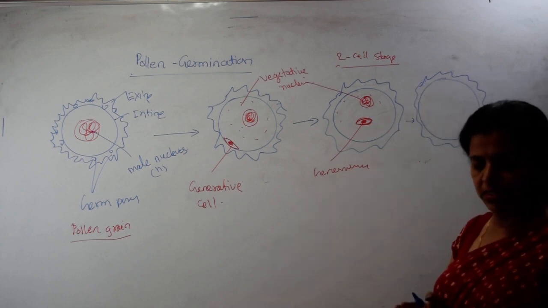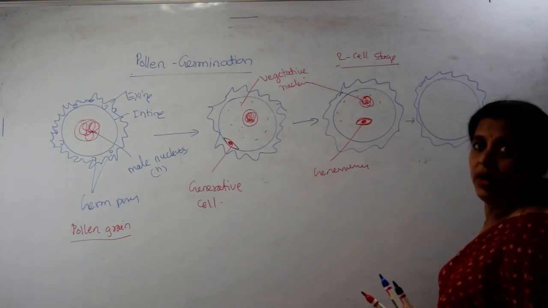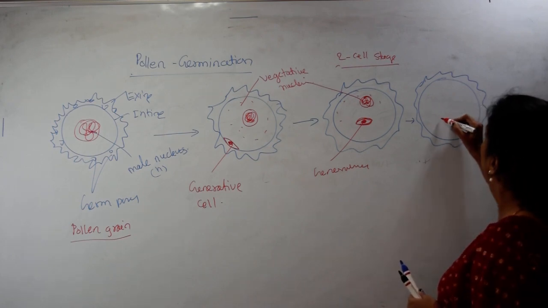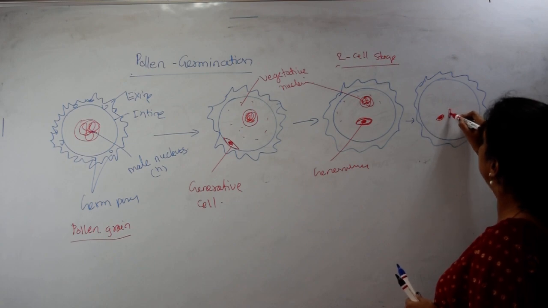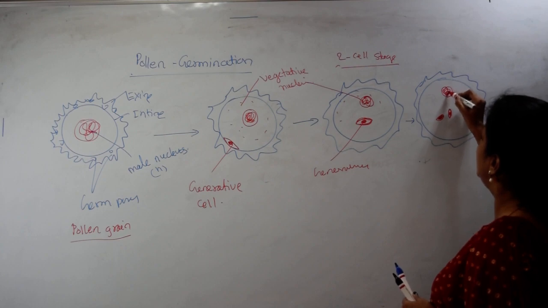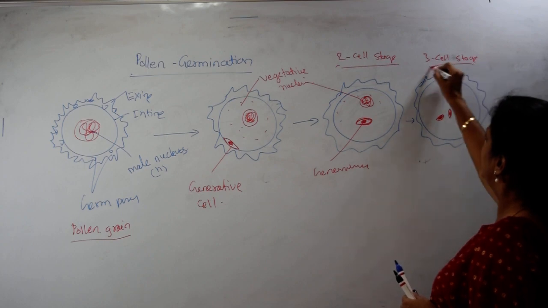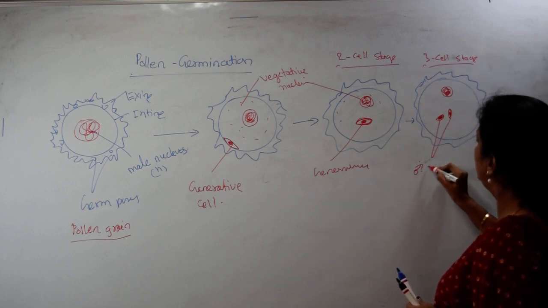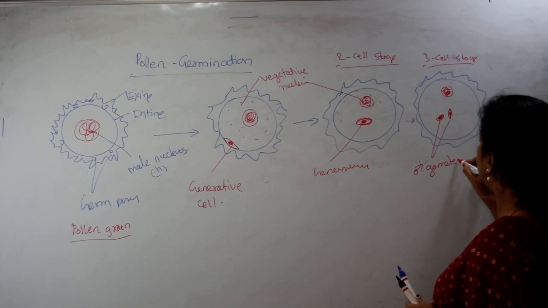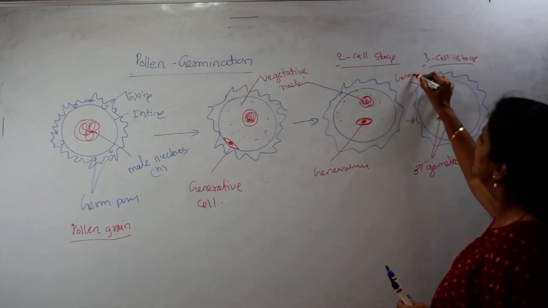The generative nucleus is going to form the male gametes. It will undergo one mitotic division and form two lanceolar male gametes, and the vegetative nucleus is already there. So this is a three-cell stage.